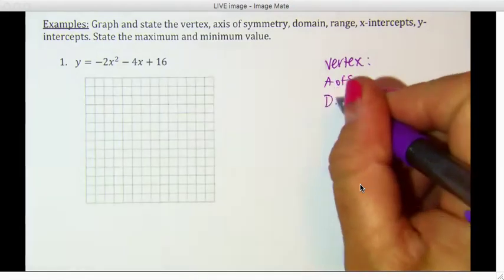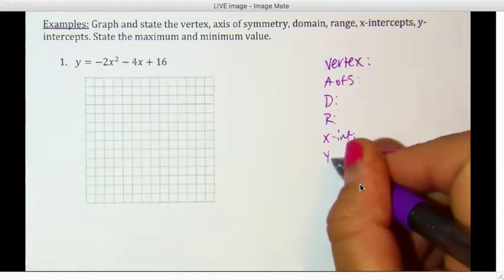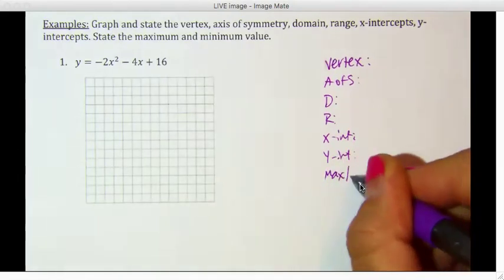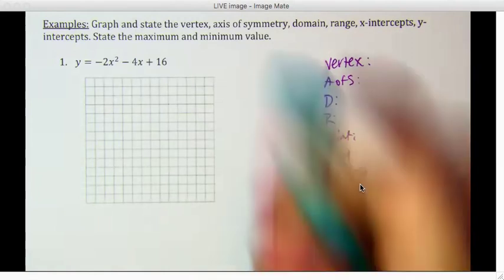We're looking for the domain, the range, the x-intercepts, the y-intercept, and whether it's a maximum or minimum, and what that value is.